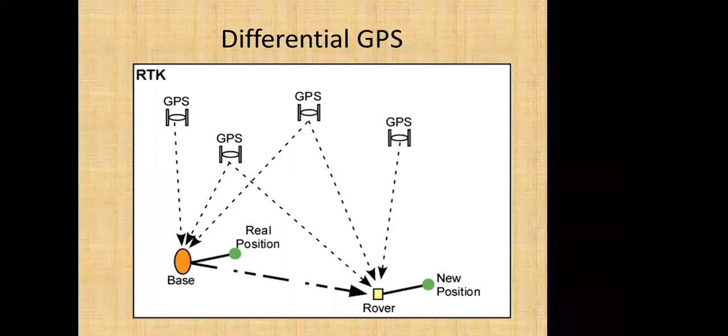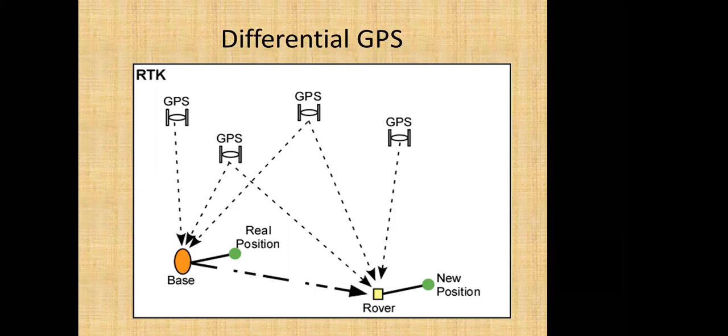So here we will have a rover and a base station whose position is exactly known. Based on collecting data over 2-3 days, we can get a more precise location of the base station, which we can also call a reference station. And the rover wants to compute its own position.